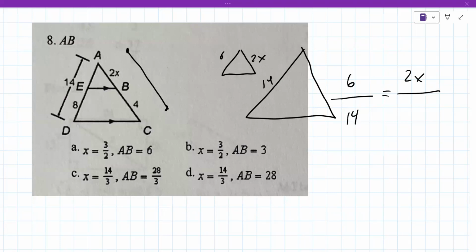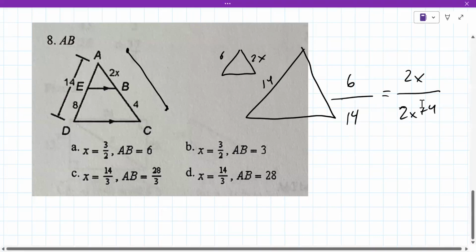The long one would be 2x plus 4. It's the whole thing, so you have to add. Got it. 6 over 14.